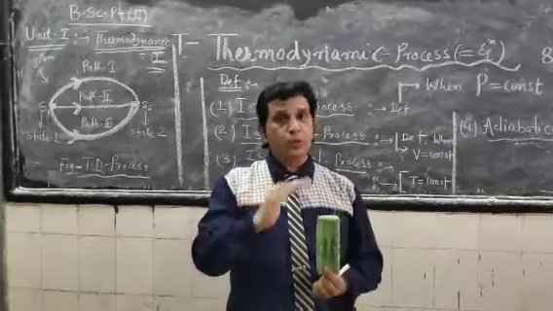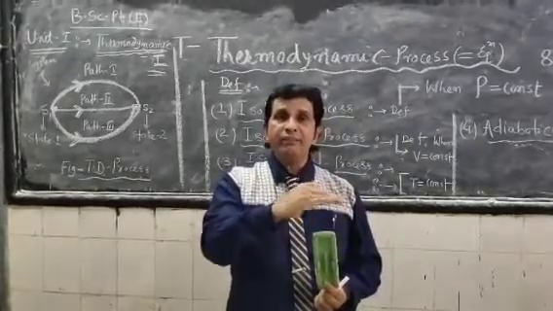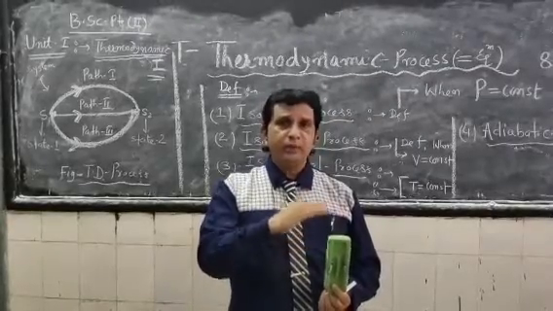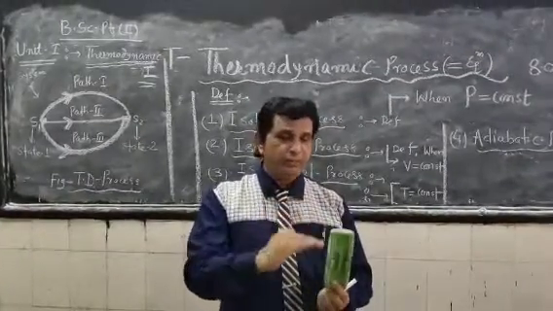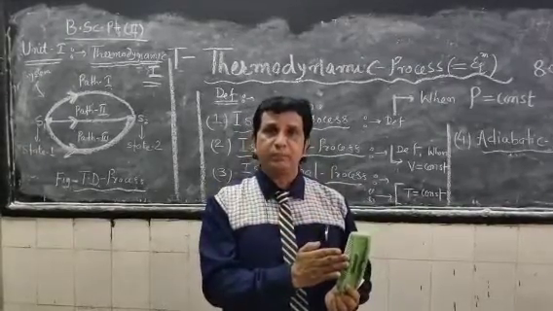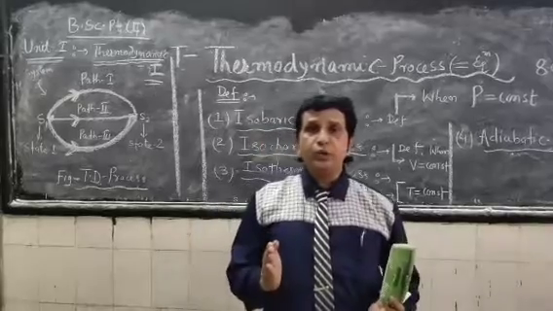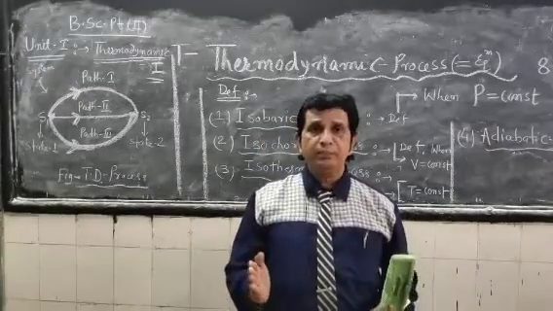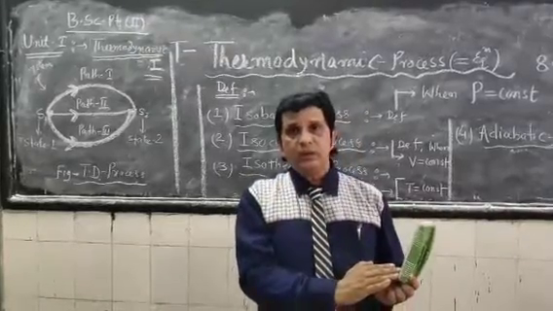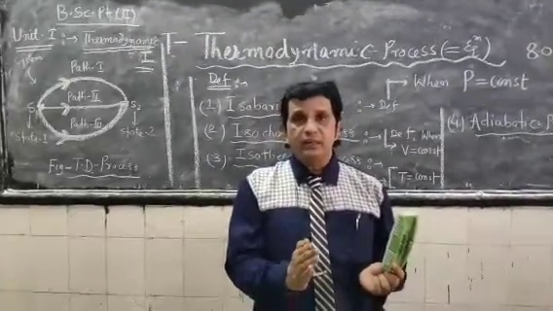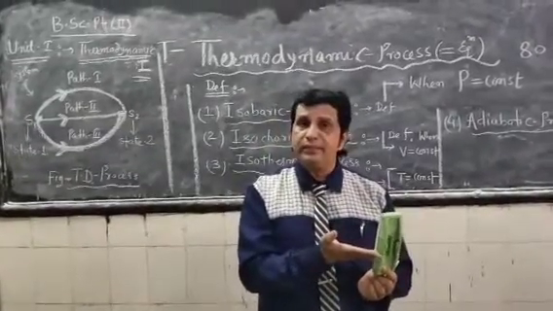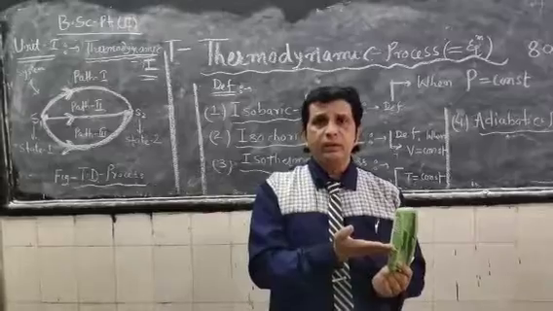In the case of a closed system, matter or mass is not exchanged, but energy or heat is exchanged between the surrounding and the system. In an isolated system, neither matter nor energy is exchanged between the surrounding and the system.